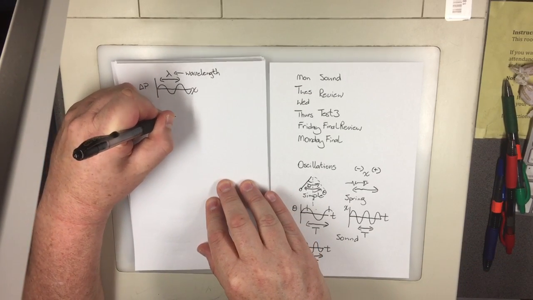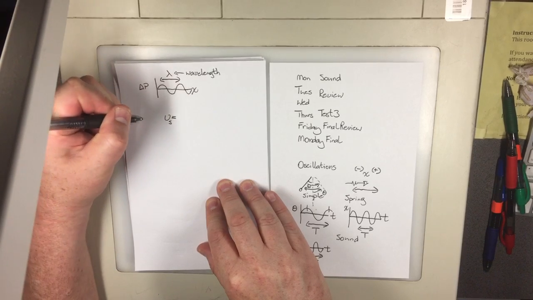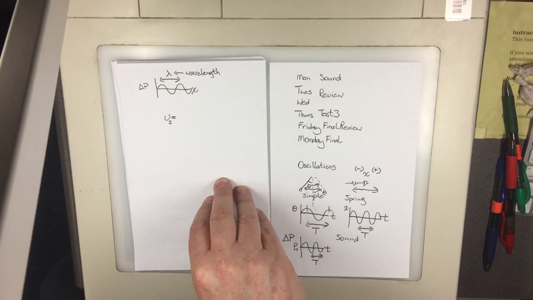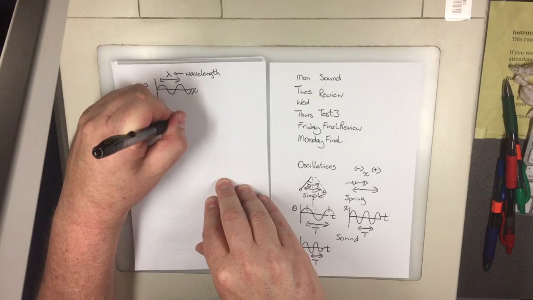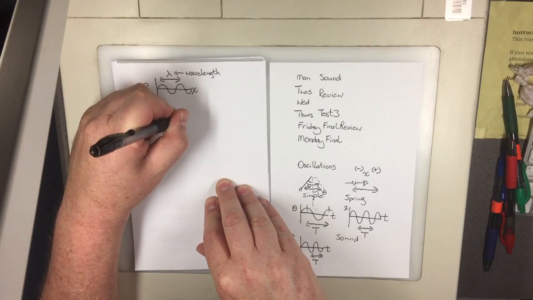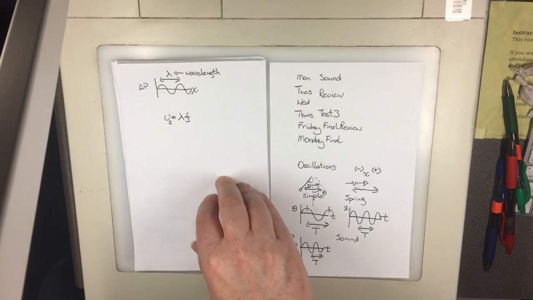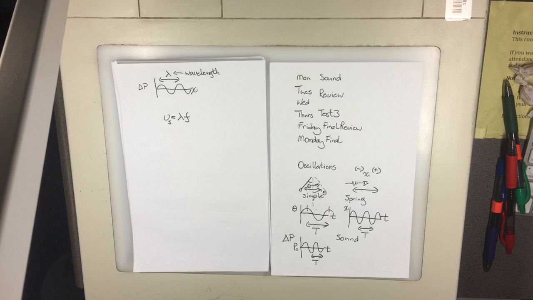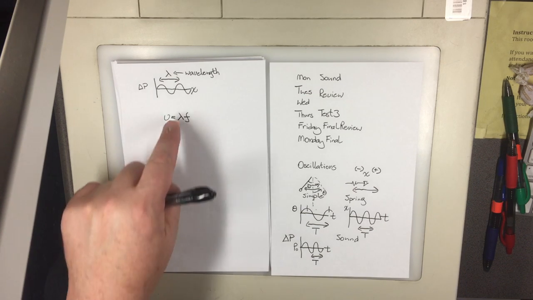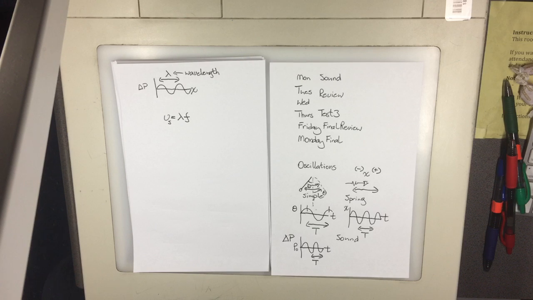The velocity of sound, which I'll say is v sub s, is lambda times f. If you took the frequency of the wave, multiplied it by its wavelength, you would get the velocity.